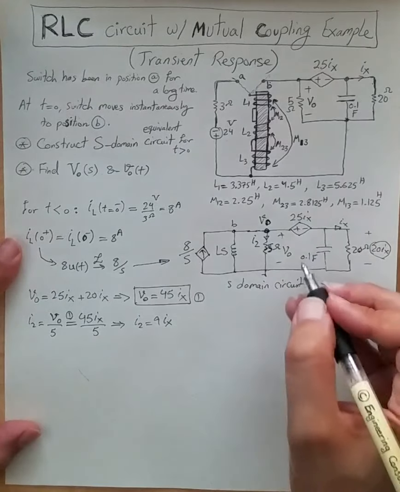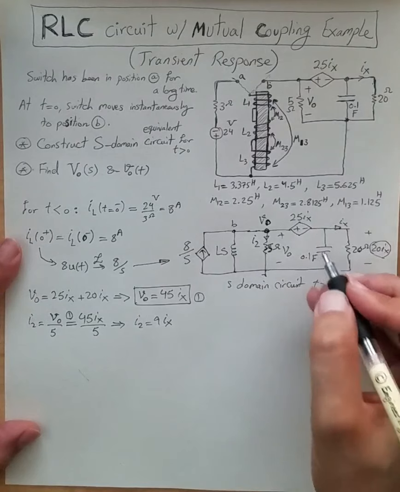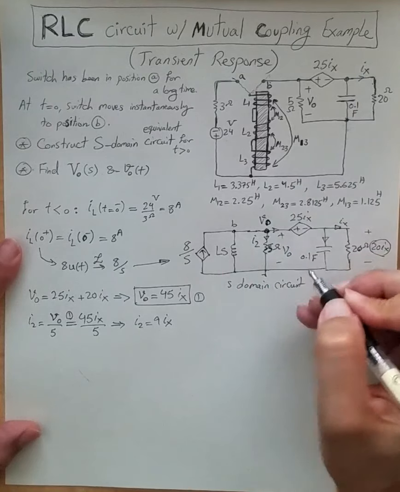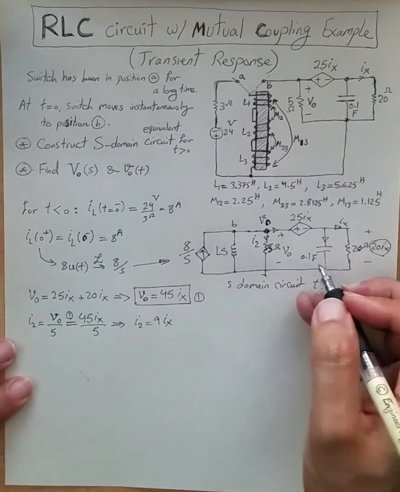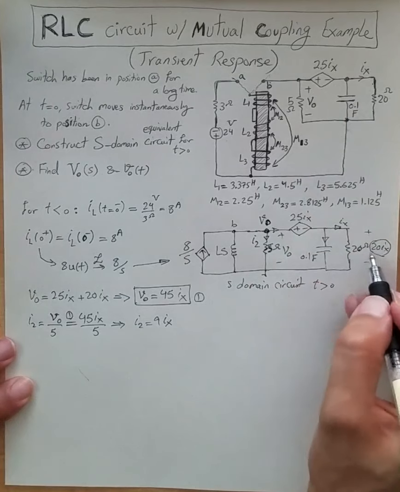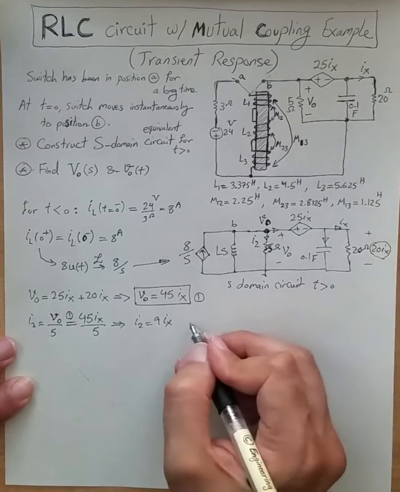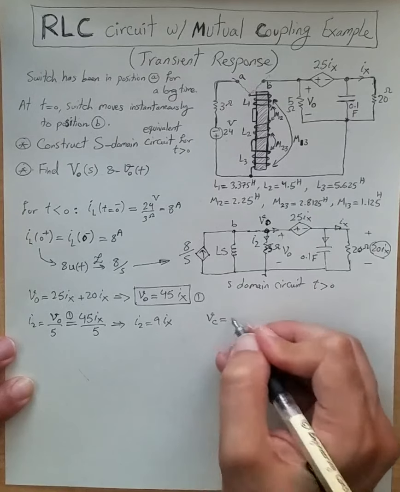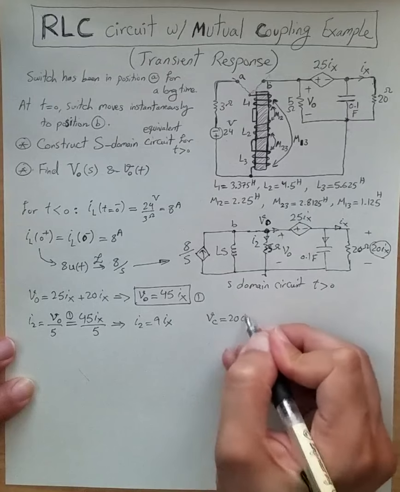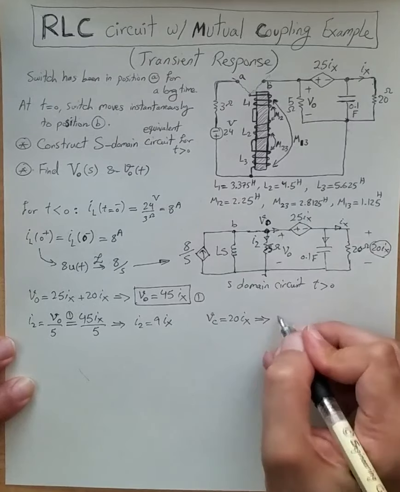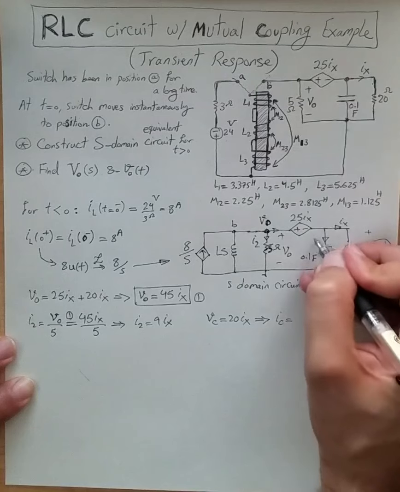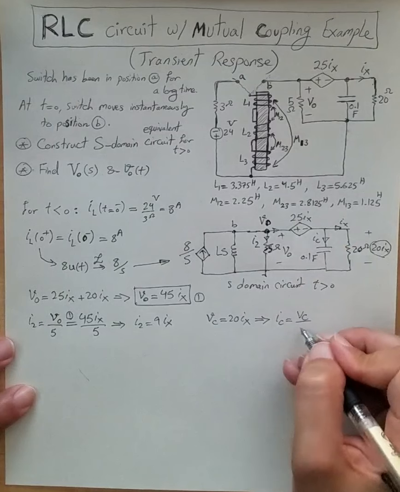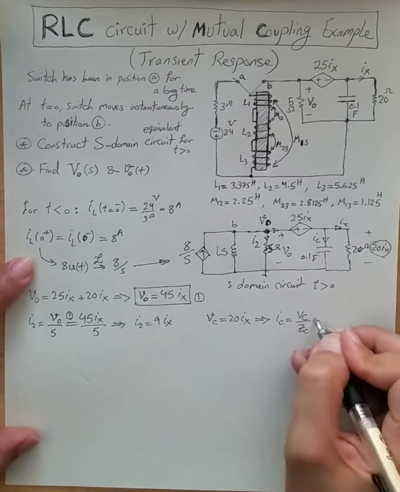Now I also need to calculate the current that is coming this way, and for that I need the current going through the capacitor. We know the voltage across the capacitor is 20 times Ix. Hence, the current of the capacitor is the voltage divided by the impedance of the capacitor.